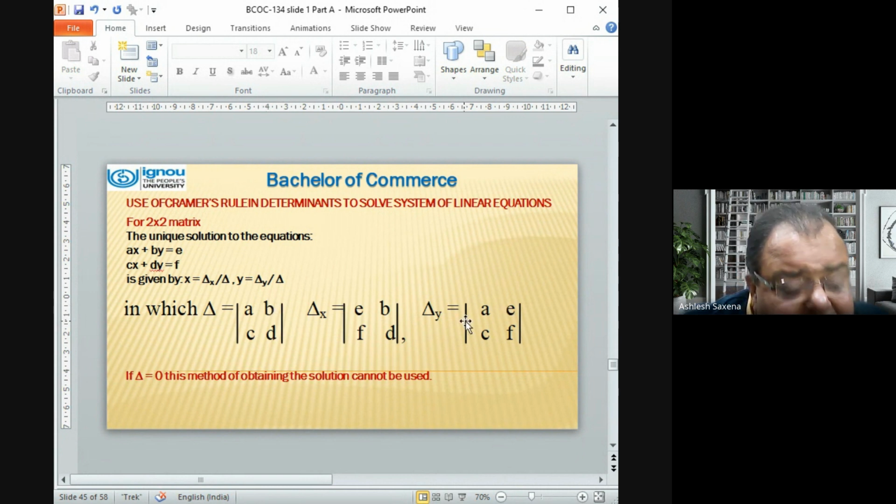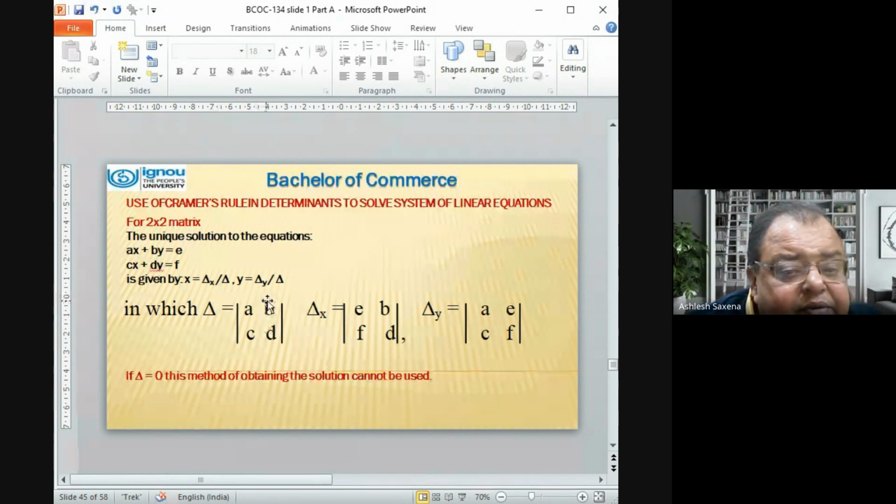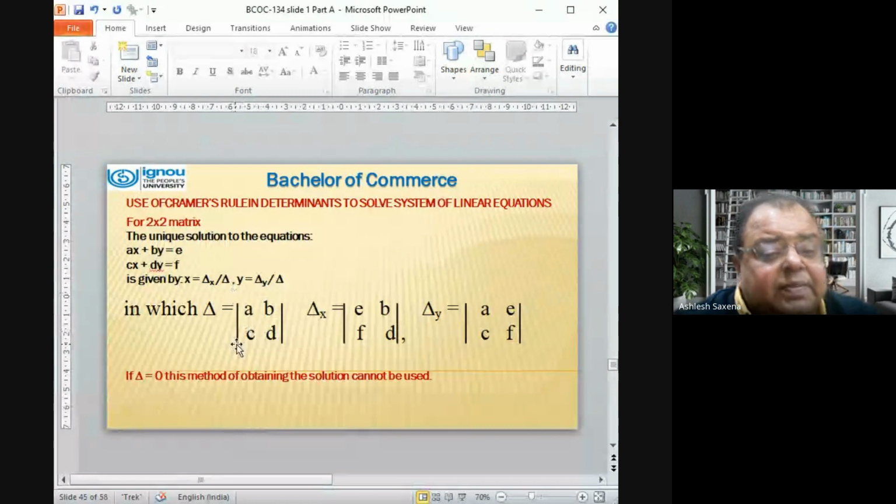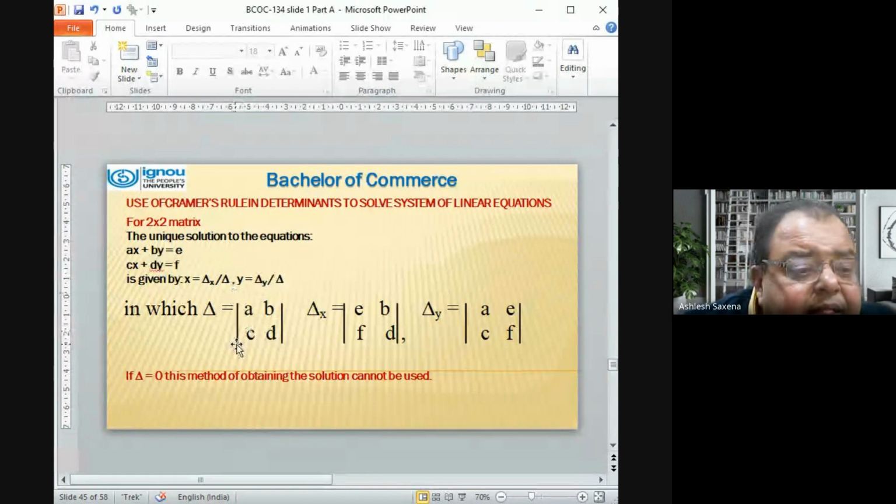And when you are talking about delta y, just remove this. For delta y, you have to remove the y part, and it will be replaced by E and F.